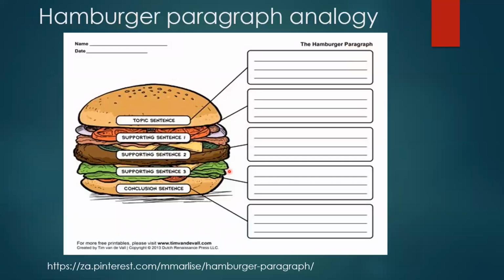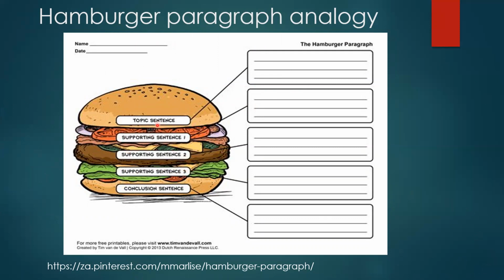Okay, so I usually use the hamburger analogy. The hamburger analogy assists me to make students understand that when they are eating their hamburger, they should imagine that that is how their paragraph should look.